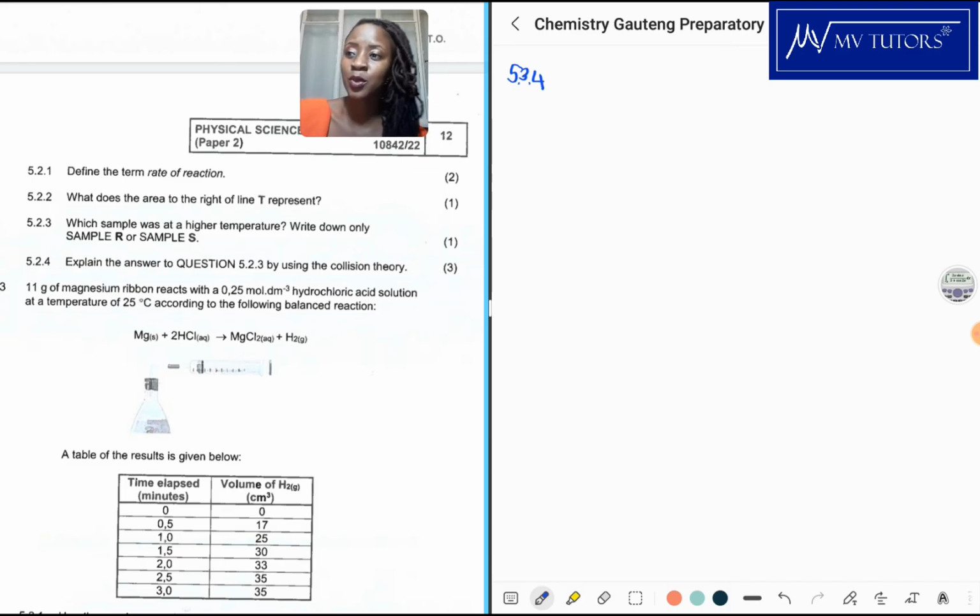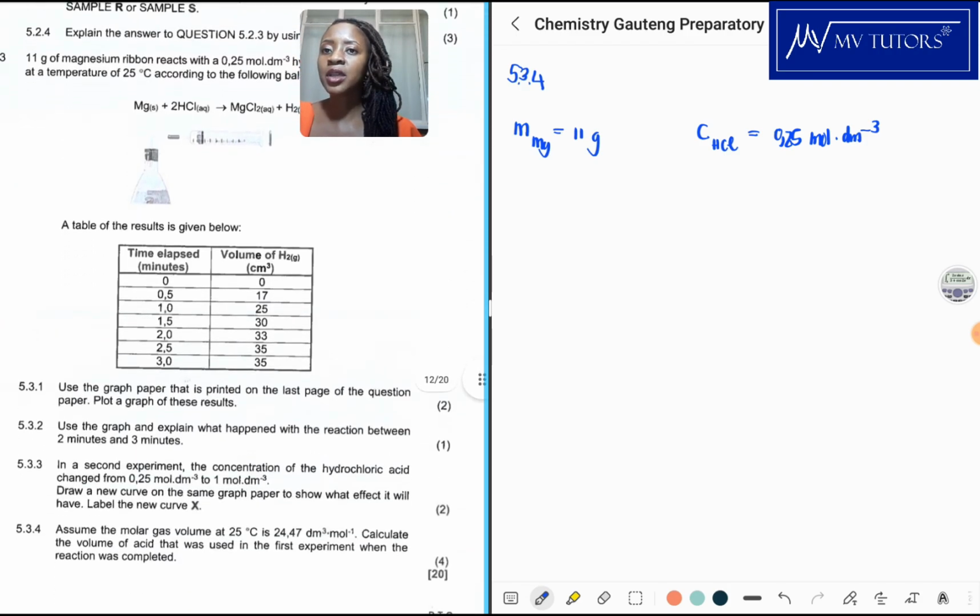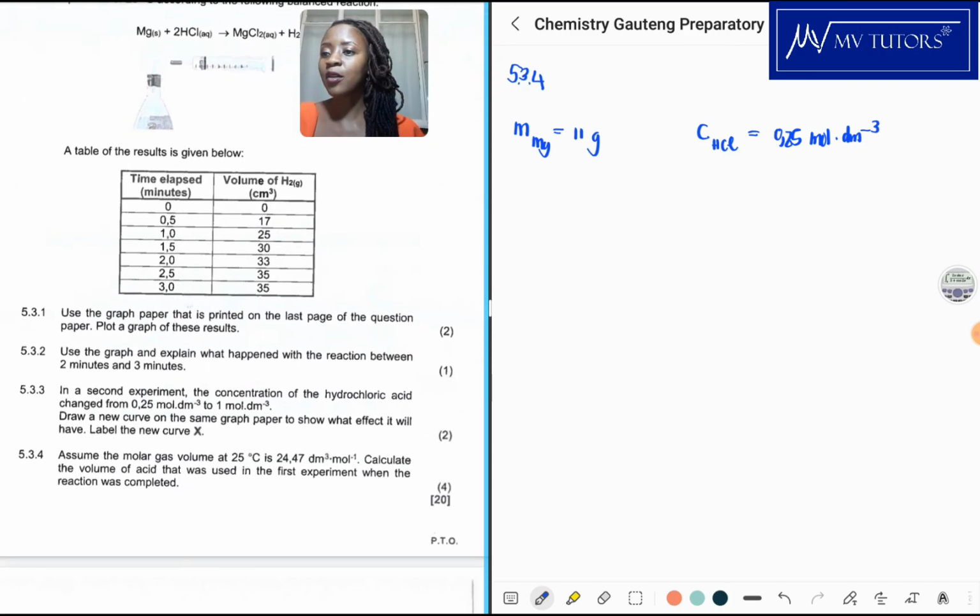Okay, so let's just put what we have. So the mass of magnesium was just 11 gram. Then we have the concentration of hydrochloric acid, and that's basically 0.25 mole per cubic decimeters.